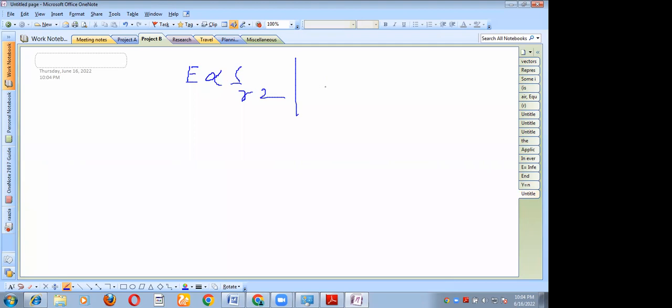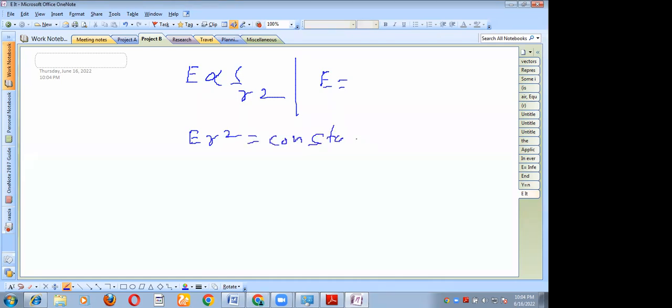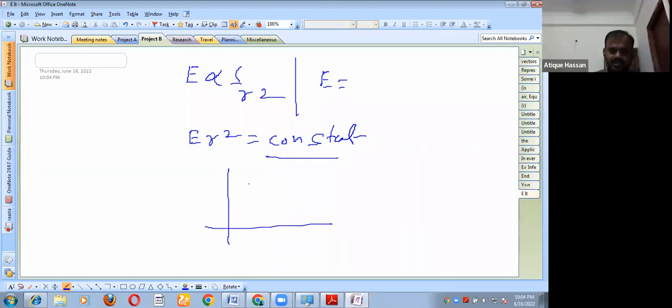So we can say E into r square is a constant. So the graph must be like that. What we have said, like this. This is what we were drawing.